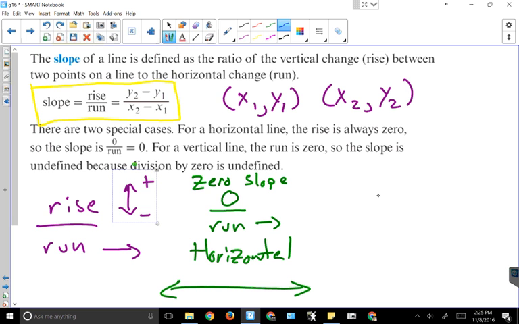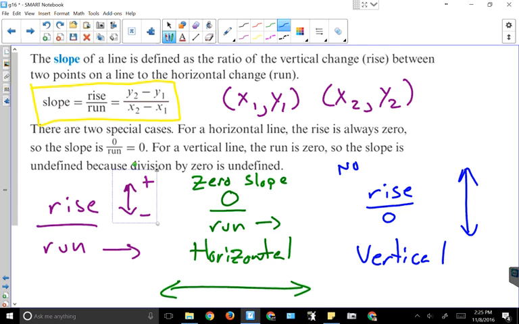What happens if I've got one that looks like this, where I have rise, but absolutely 0 run? This would end up being a vertical line because it's going to go up or down. Just has infinite rise, doesn't have any run. So this would end up being vertical. And this would be identified as no slope. Okay?